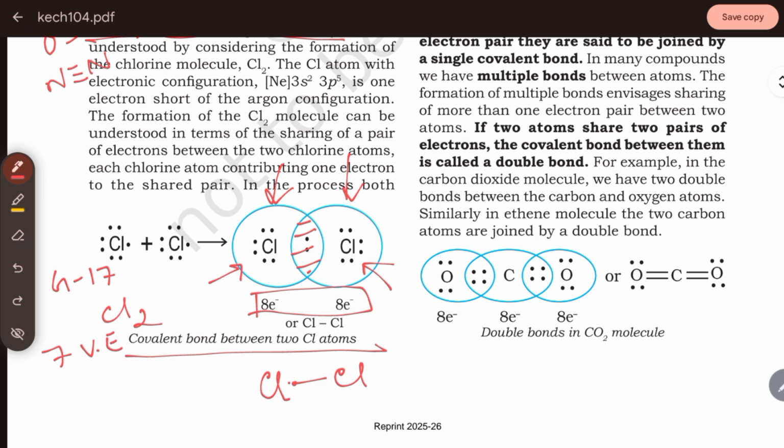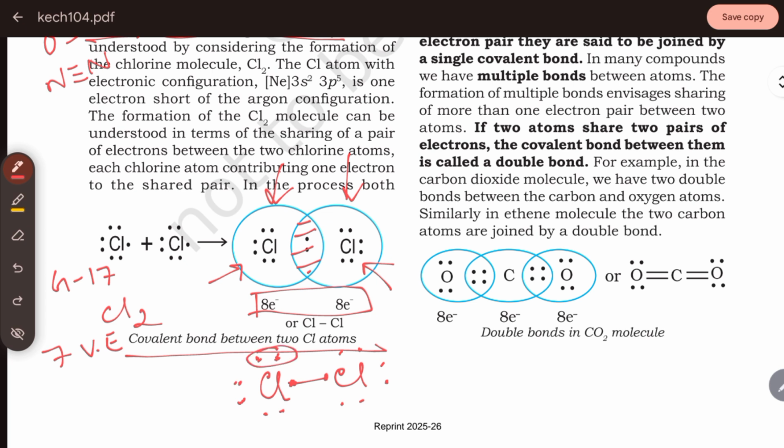So this is the one electron of this Cl, 2, 3, 4, 5, 6, 7. Here also 1, 2, 3, 4, 5, 6, 7. The electrons forming the covalent bond are the bonding electrons.